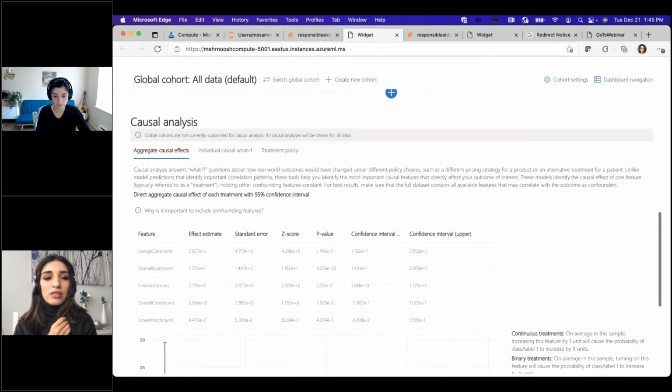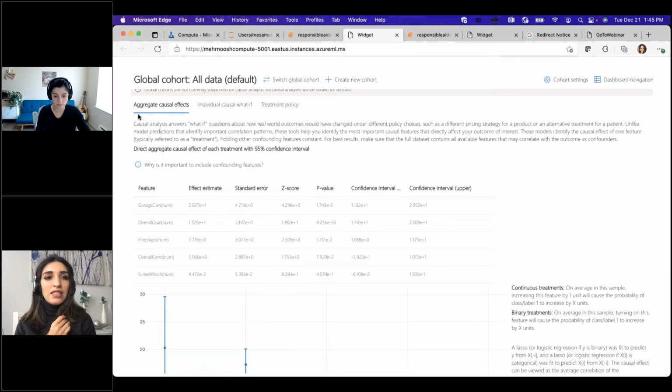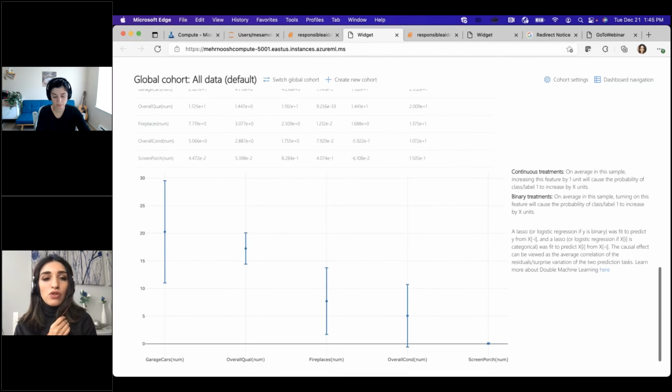So upon loading this, there are 3 different tabs that I see. The aggregate causal effect allows me to see how changing one factor that I have passed as a treatment would impact the actual housing price. So looking here, and this is in K, in 1,000 units, increasing the number of garage cars by 1 unit in all of the houses of this data set would on average lead to an impact of plus 20.2K on the overall housing price of this market.